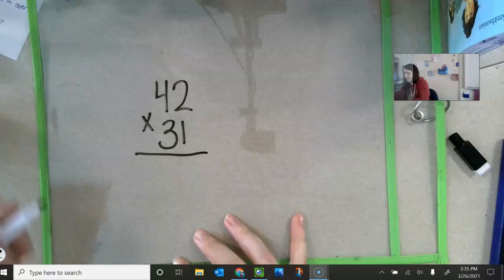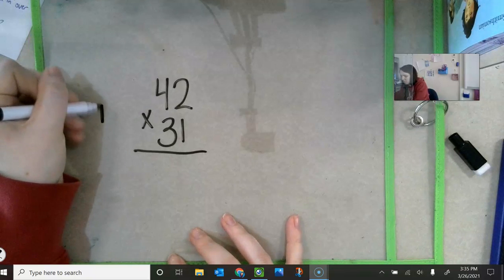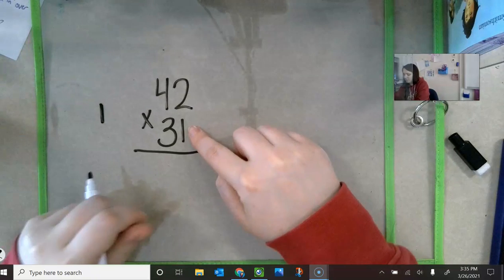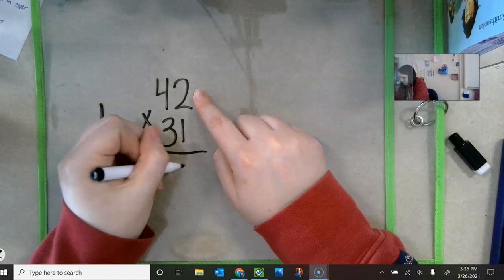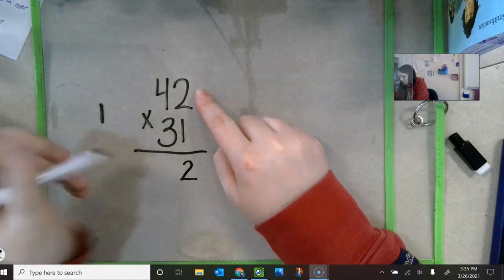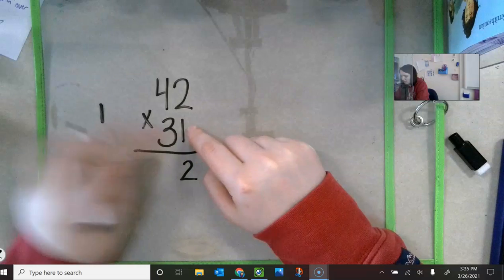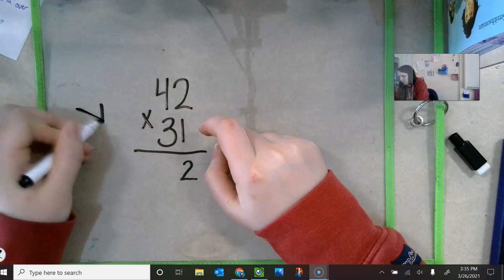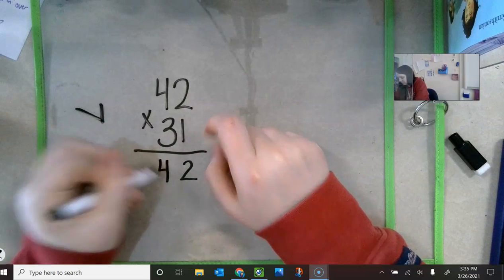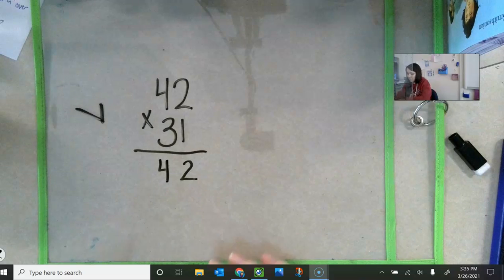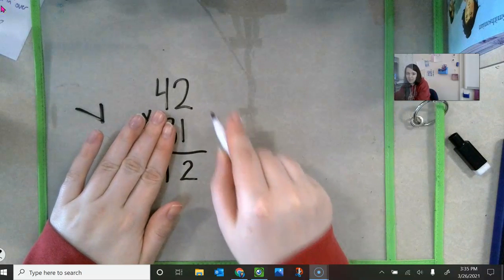Alright, remember that first part, we can still use that bow tie to help us, is to do 2 times 1. Then I need to do 1 times 4, that diagonal part of the bow tie. And really what I just did was doing 1 times 42.